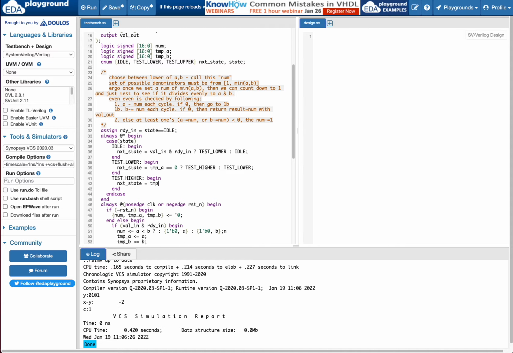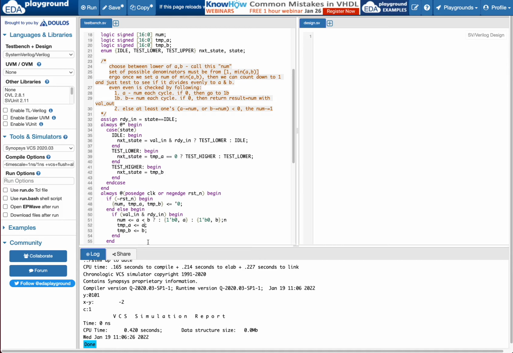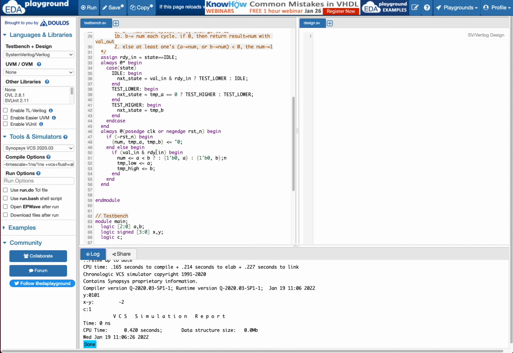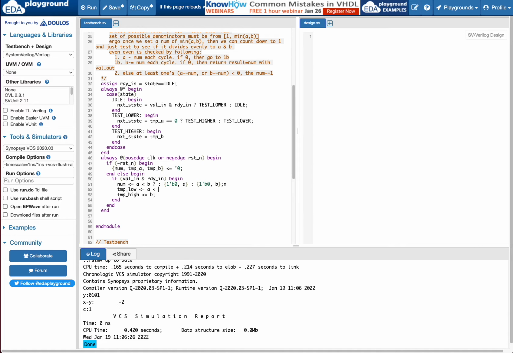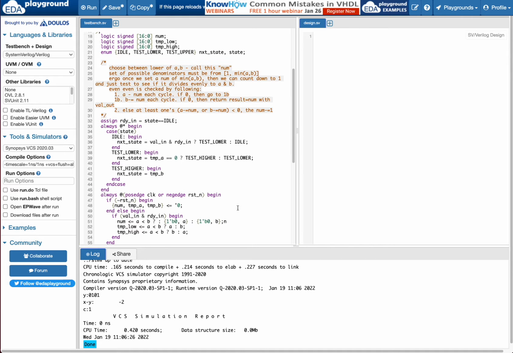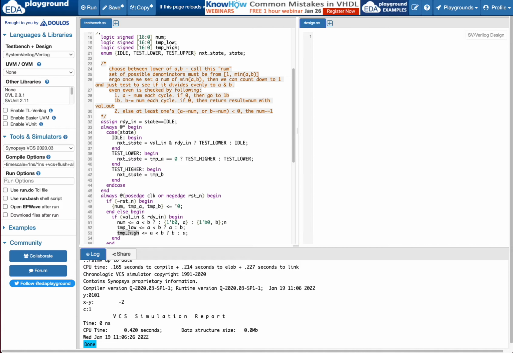And then I'm saying this is better, so we're always making sure this is the low and this is the high, and they're all signed.